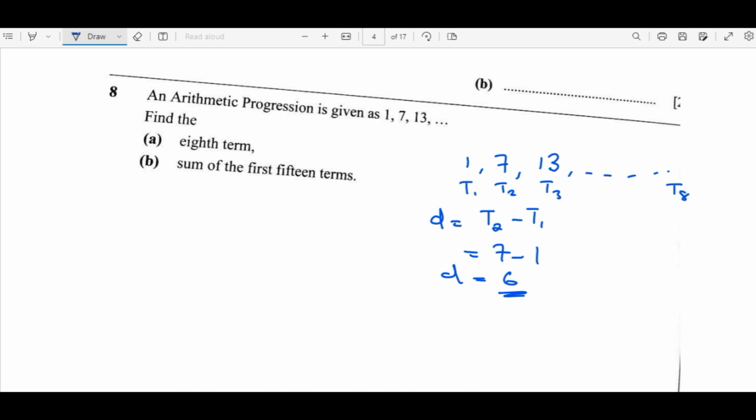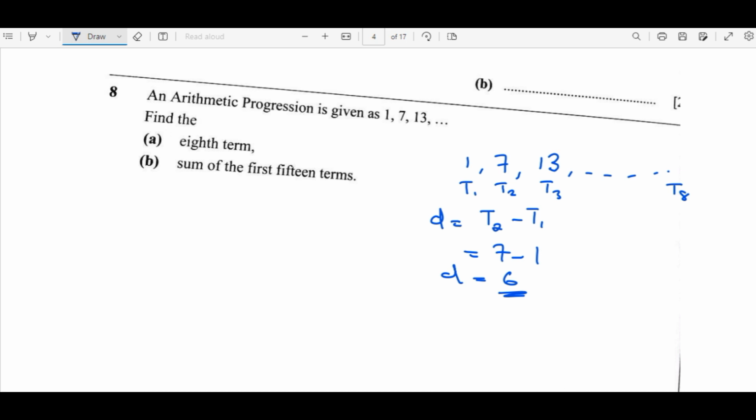Meaning that from 1 to 7, 7 to 13, the difference is 6. So this is positive. When you add 1 plus 6, it will give us 7. 7 plus 6 will give us 13. 13 plus the number that follows, again until the 80th term.